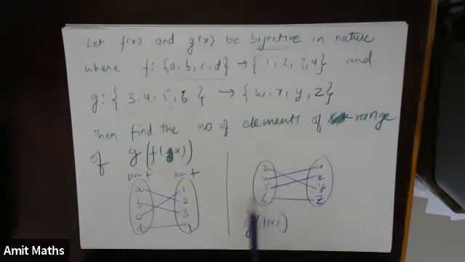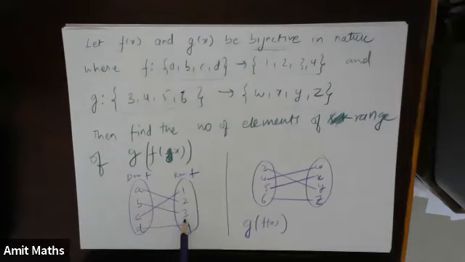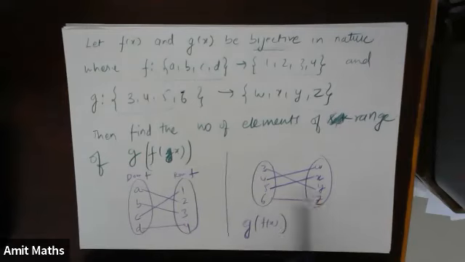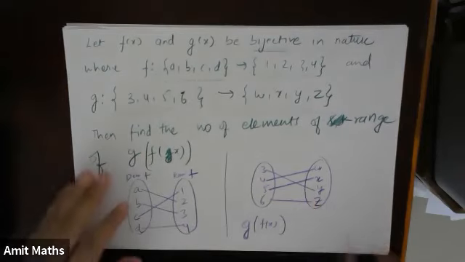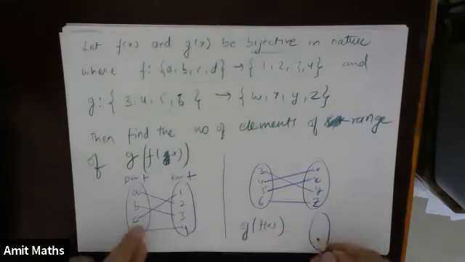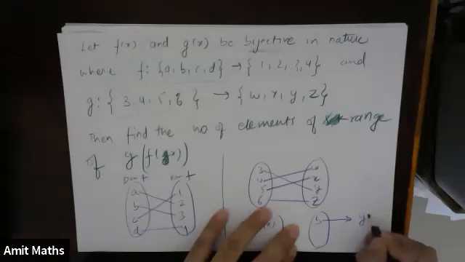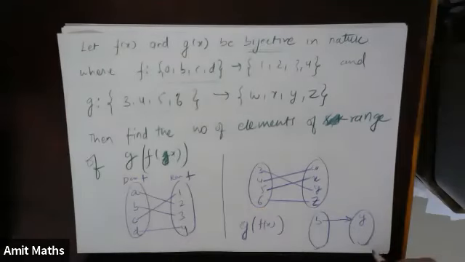There is no 2 in this set, so 2 does not have any further link. Now when I take b as an input, b is linked with 3, and 3 has a link y. So for g of f of x, we can take input b, and this will be linked with y.